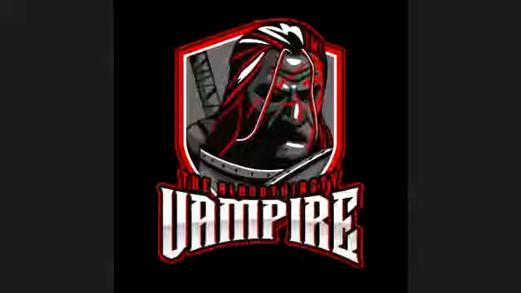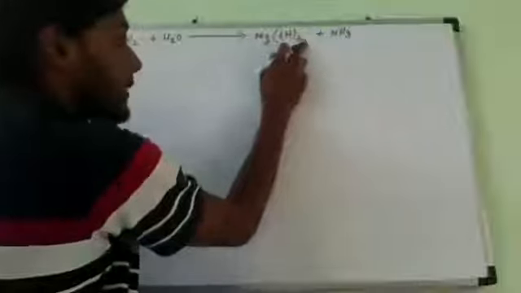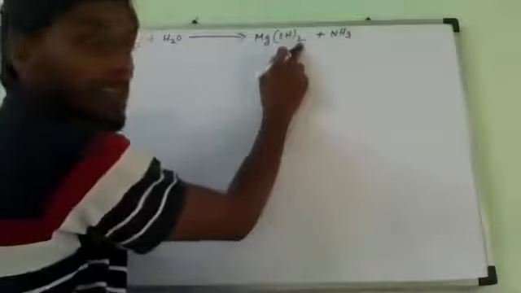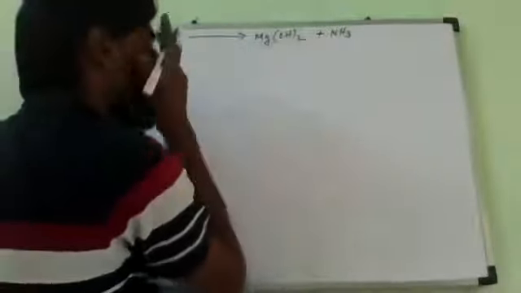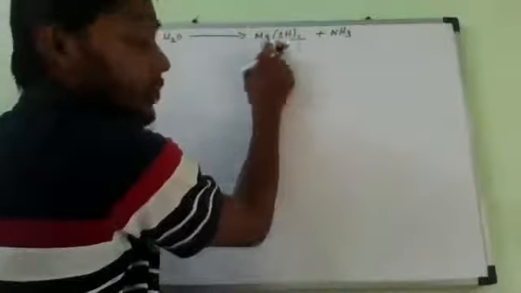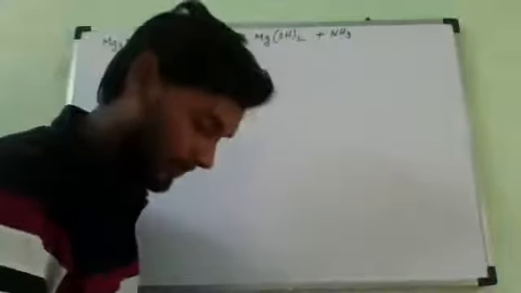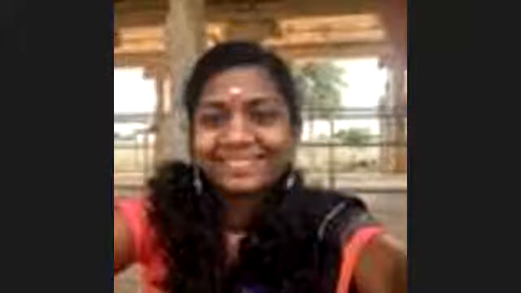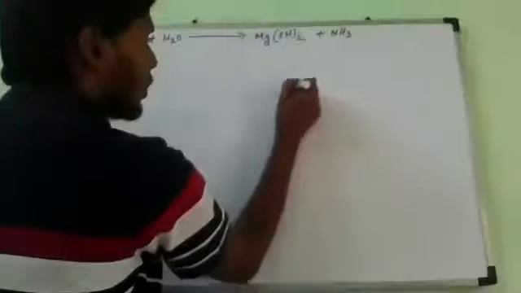Before going to solve this equation, I will tell you something you must remember. When we get a subscript like twice or thrice, this 2 is applicable for both the elements present inside the bracket. It is actually O2H2.